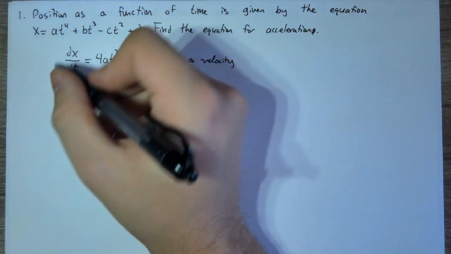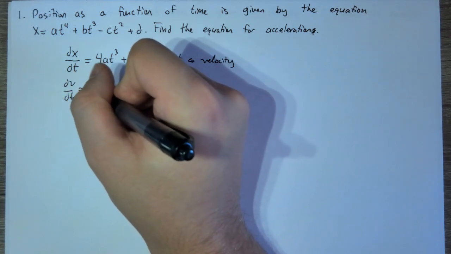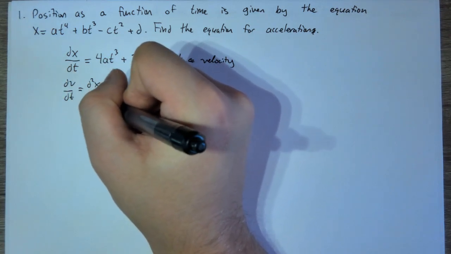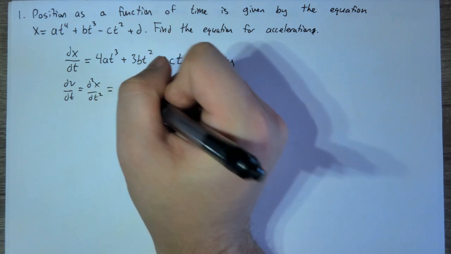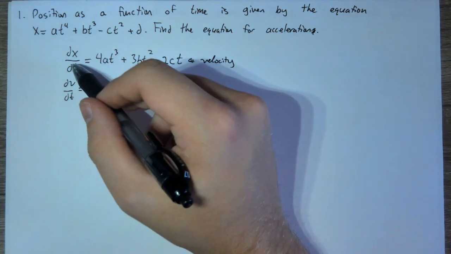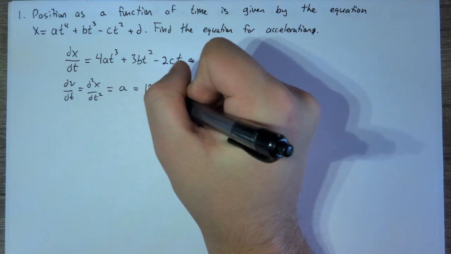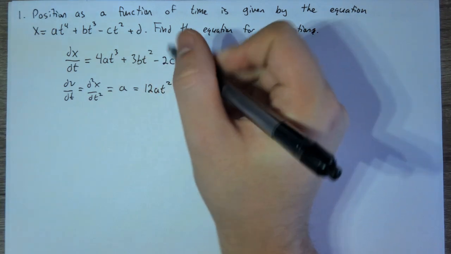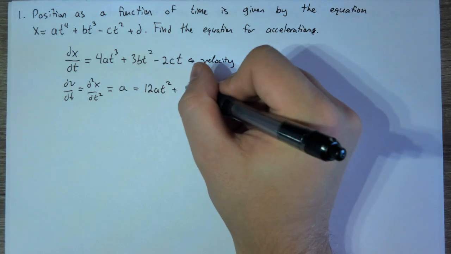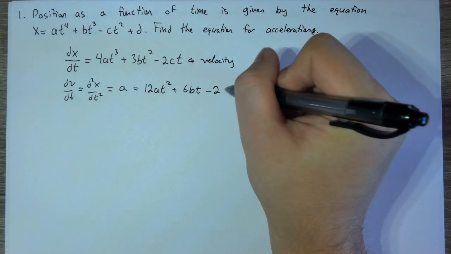And so we know that the derivative of velocity is just the second derivative of position, which is acceleration. So the derivative of this is 12at squared plus 6bt minus 2c.